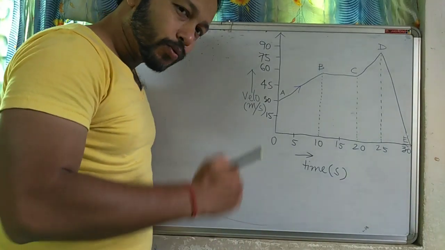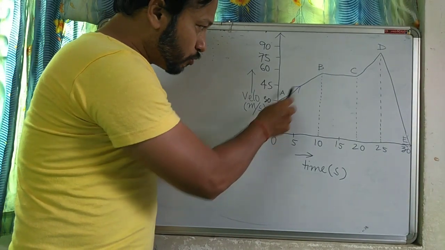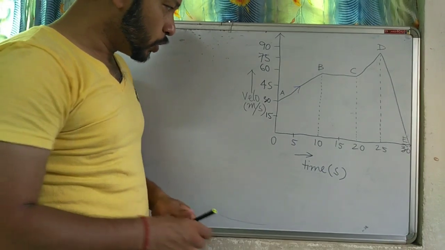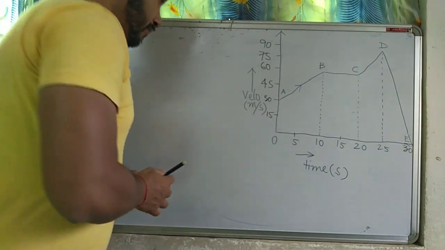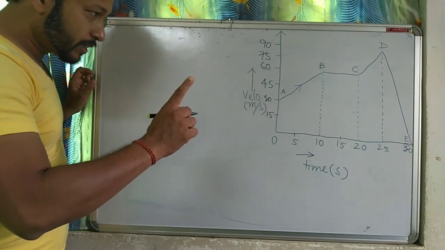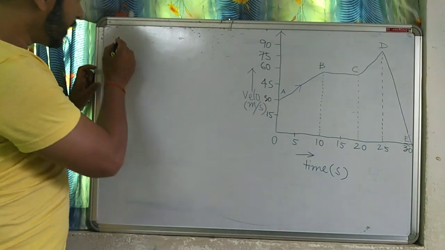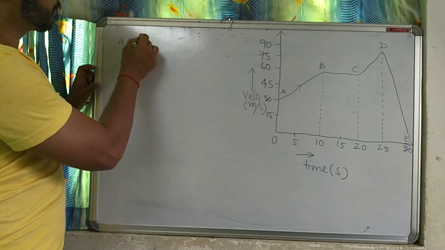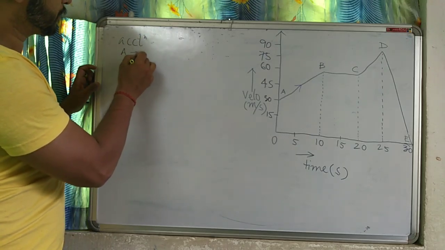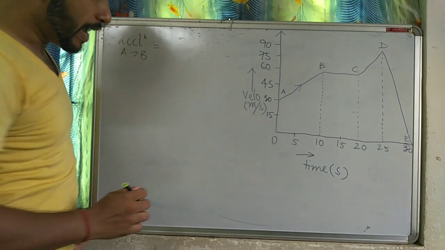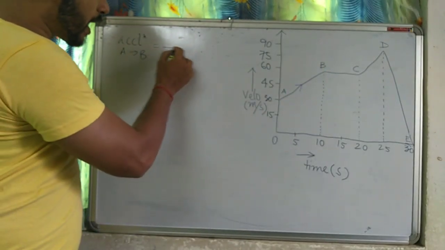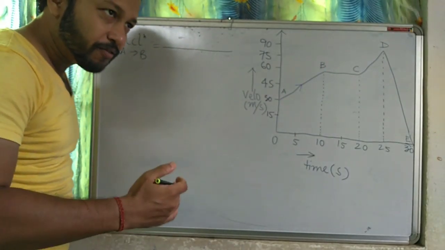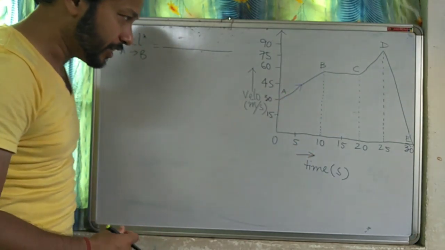First we will work with A to B. To find the acceleration here, the formula is very simple. Acceleration from A to B, you have to write the final velocity minus initial velocity.